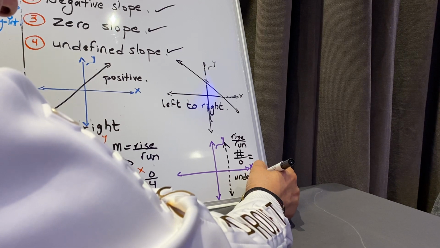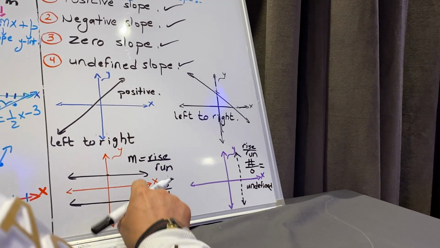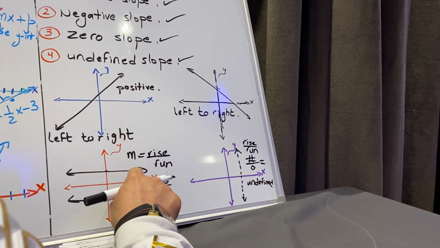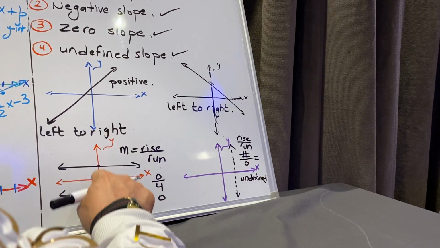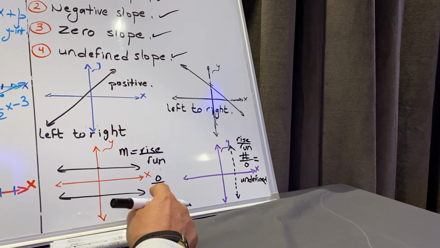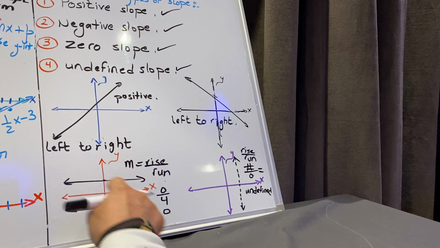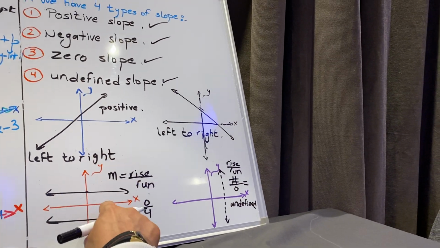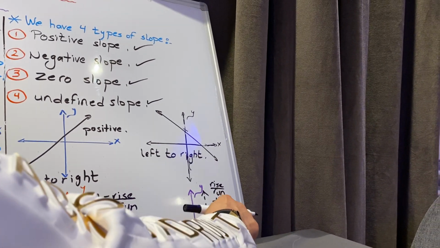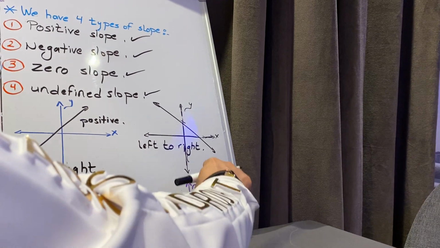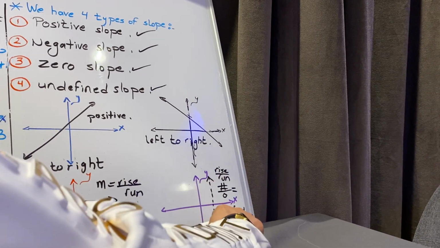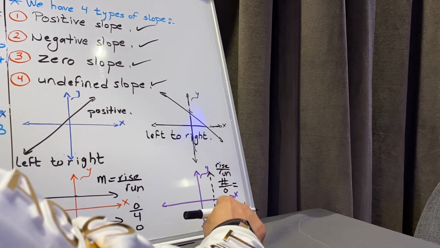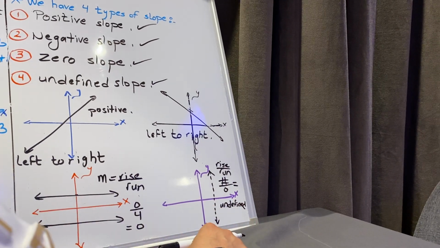And you can notice, guys, if the equation is crossing only the y-axis, the slope will be 0. While if the line is crossing only the x-axis, vertically, guys, it must be undefined.